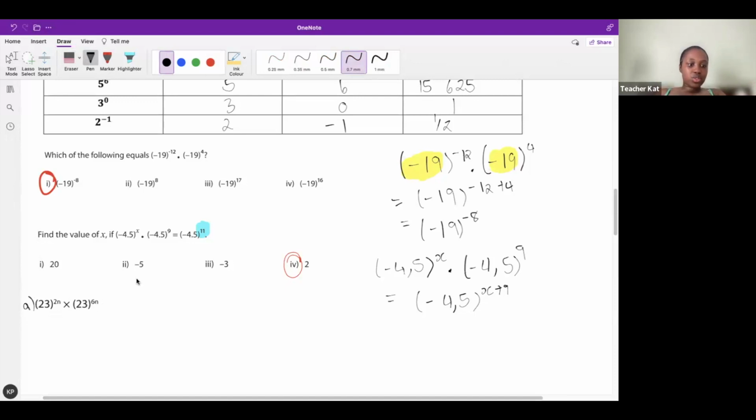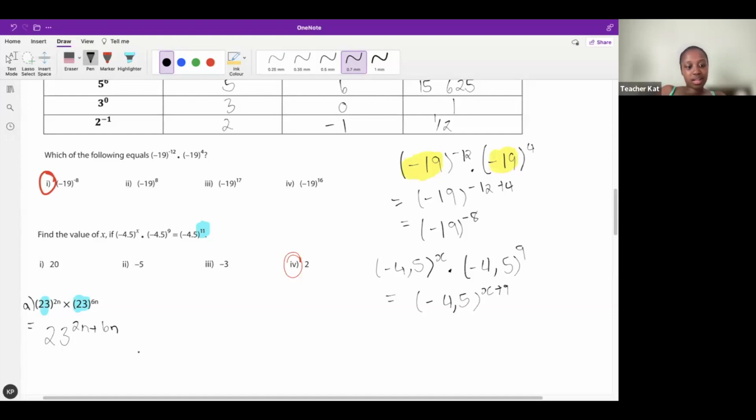We have 23 to the power of 2n times 23 to the power of 6n. What are we doing to the exponents again? We are multiplying. Do we have the same base? Yes, we do. So we do what to the exponents? Add. So I have 23 to the power of 2n plus 6n.